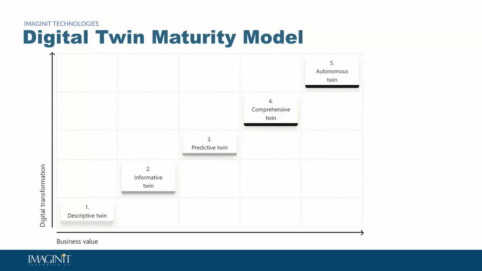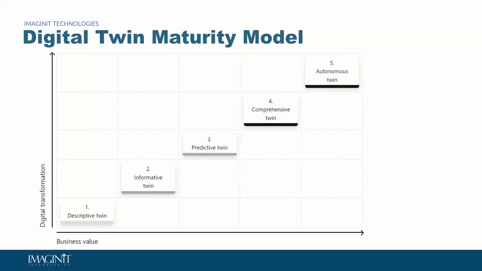Moving into a predictive twin, that's where the analytical capability allows us to get ahead of the game and understand where issues may be occurring and mitigate risk, so that a product line or pieces of equipment do not go down because we got out ahead of it.